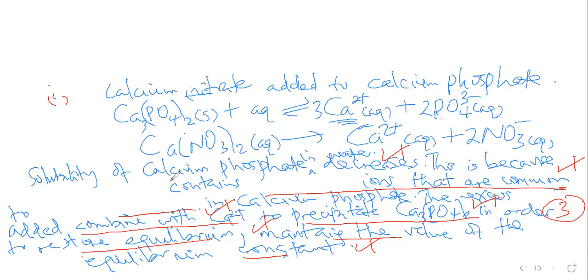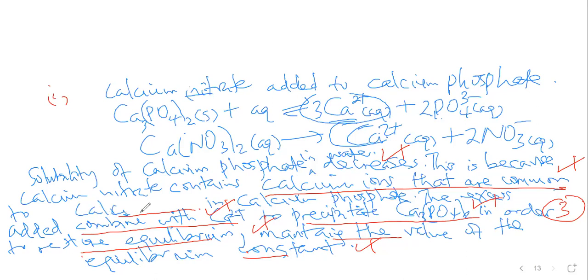So the solubility of calcium phosphate will still decrease. Why? This is because calcium nitrate contains calcium ions that are common to calcium ions in calcium phosphate.